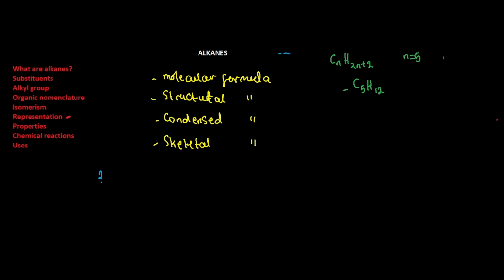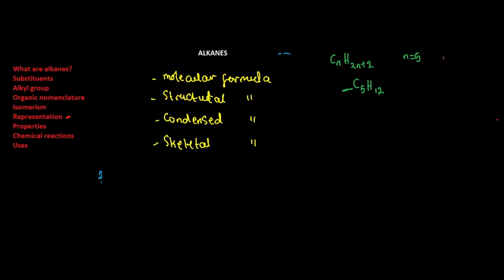What we have established here is what we call the molecular formula. So this is one way to represent organic compounds, or to be specific, alkanes. The molecular formula tells you the exact number of atoms of an element present in a molecule.